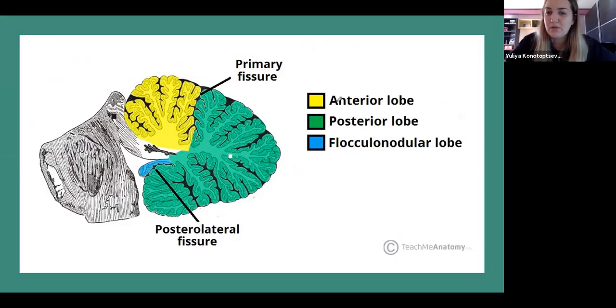You have to remember that cerebellum consists of 3 lobes. You can see that this is the anterior lobe, posterior lobe, and floccular nodular lobe. For embryo questions, you have to remember floccular nodular is the most embryologically untouched. So this lobe right here is the same since you're an embryo.